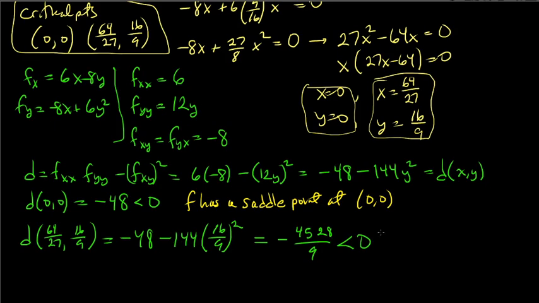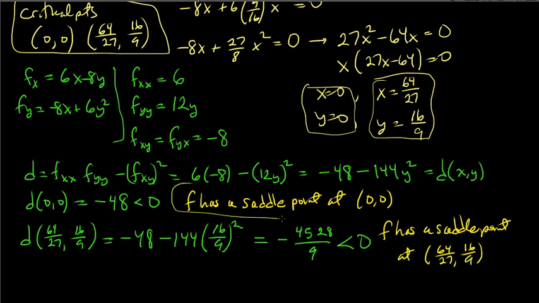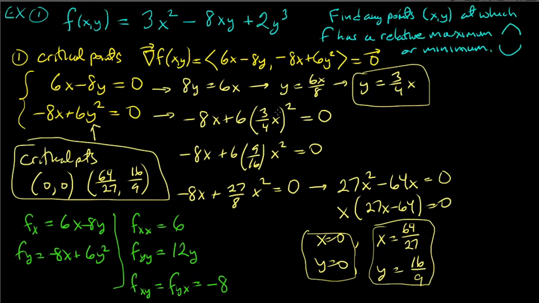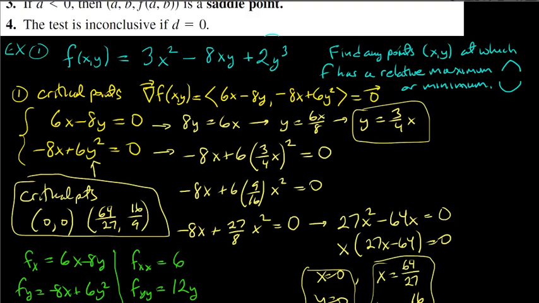So we get 2 saddle points. So f also has a saddle point at the point (64/27, 16/9). Yep. So both critical numbers turned out to be saddle points here. Again, that may or may not happen in other problems, but that's what happens in this example.